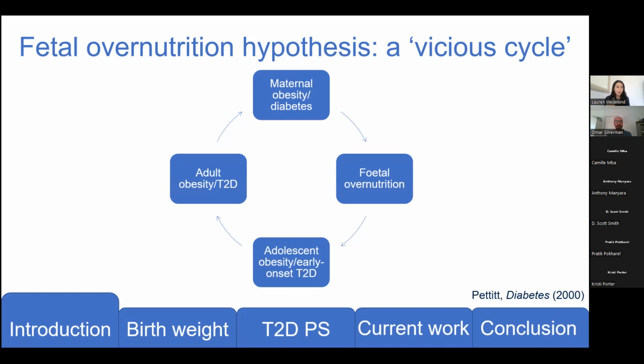And then if as an adult they have diabetes, then they're more likely to potentially expose their children, their fetuses, to in utero diabetes or hyperglycemia, basically like an excessive amount of sugar in utero, which can confer higher birth weight. So this cycle can kind of be perpetuated over generations, is what this hypothesis supports within this larger Barker hypothesis.